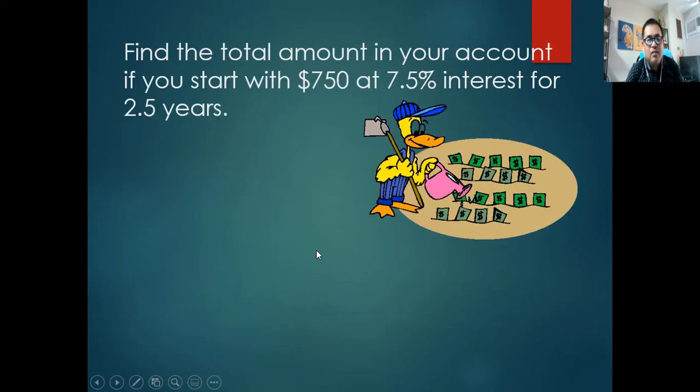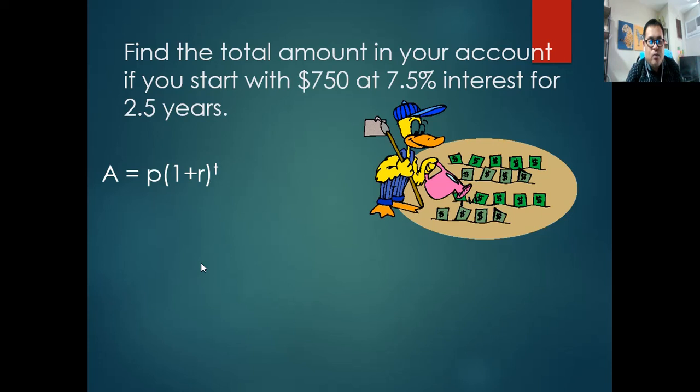Find the total amount in your account if you start with $750 at 7.5% interest for 2.5 years. So what will be the answer for this? First, the formula of your compound interest.